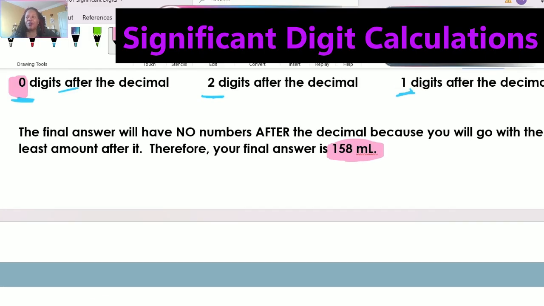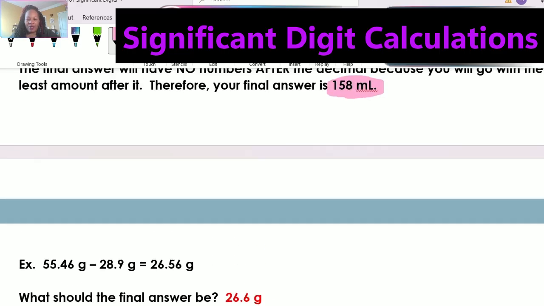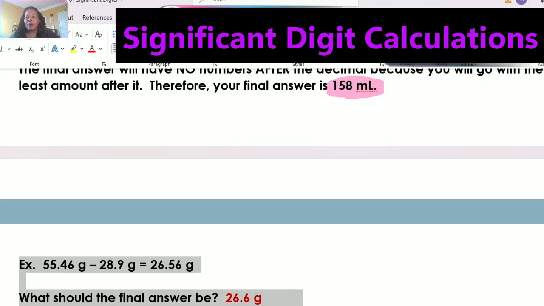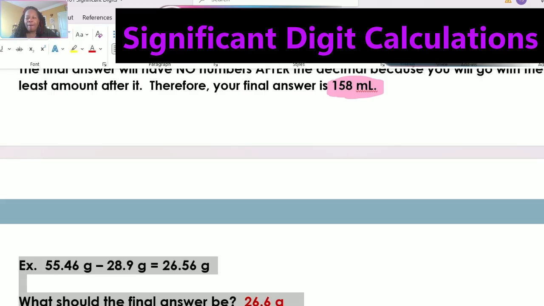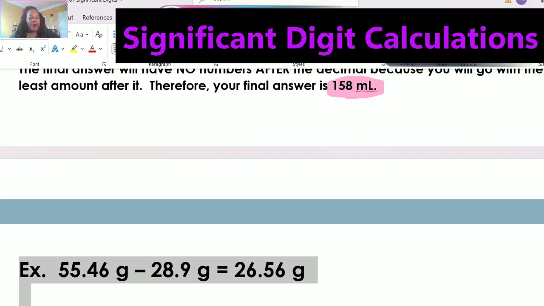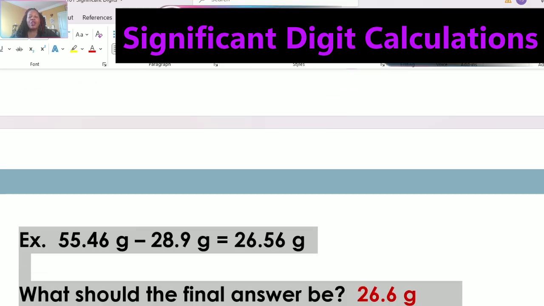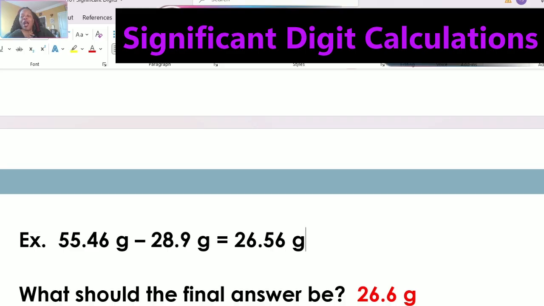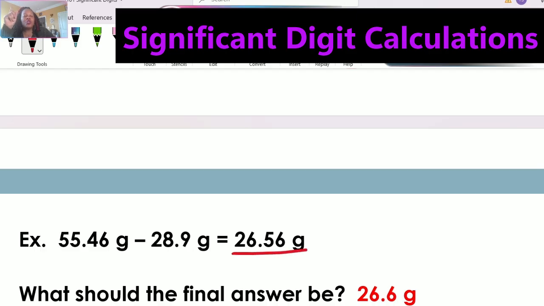Now, you see right here where it says, oh, you can't see. Hold on. This one right here, I'm going to expand it so you can see it a little bit bigger. Okay. So right here, you've got 55.46 minus 28.9. So if we plug this into our calculator, we're going to get 26.56. But here's what you got to remember.